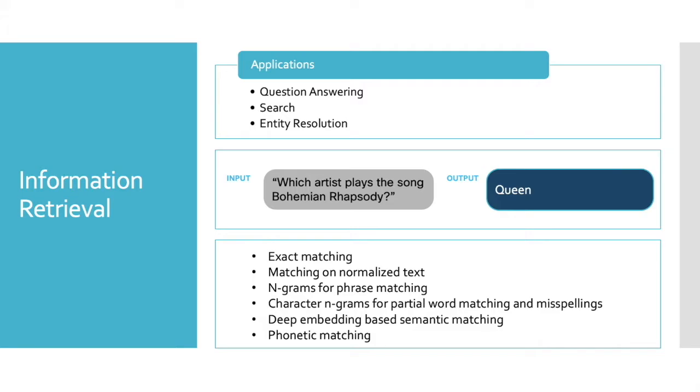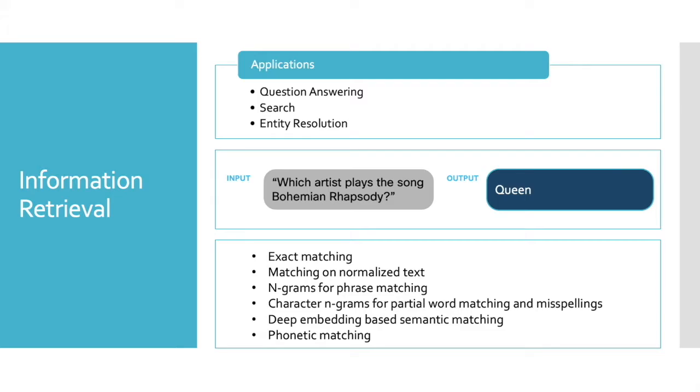As an example, say someone wants to know which artist played the song Bohemian Rhapsody, and you have an index which contains songs and artist names. You can search that index with the song title Bohemian Rhapsody to get the document which has the artist field populated as Queen. Now this is more complicated than a simple database lookup because it takes into account fuzzy matching.